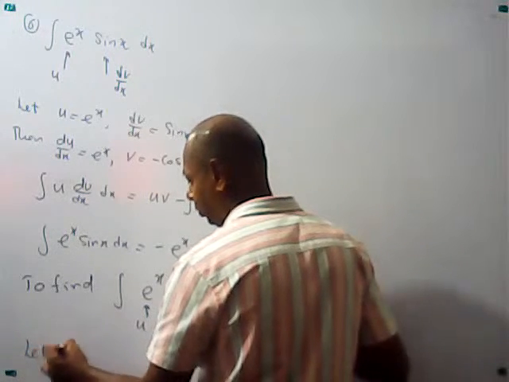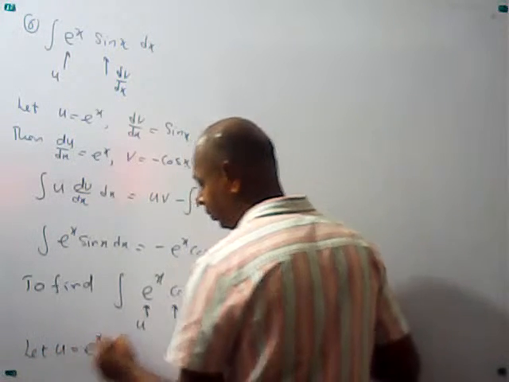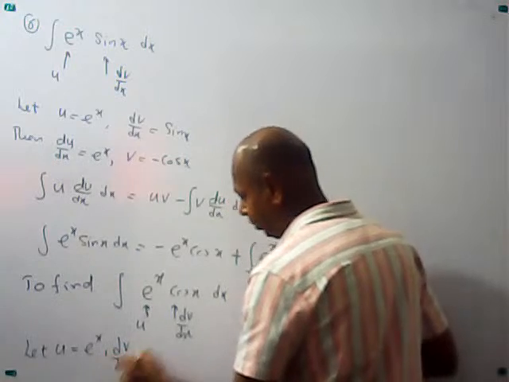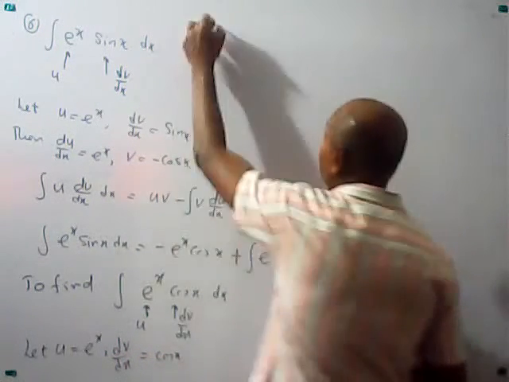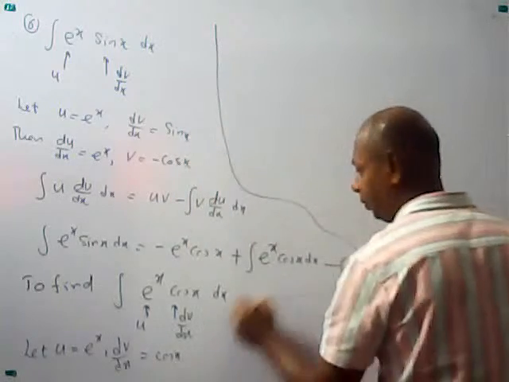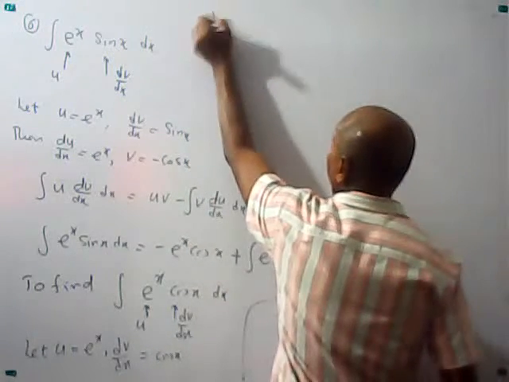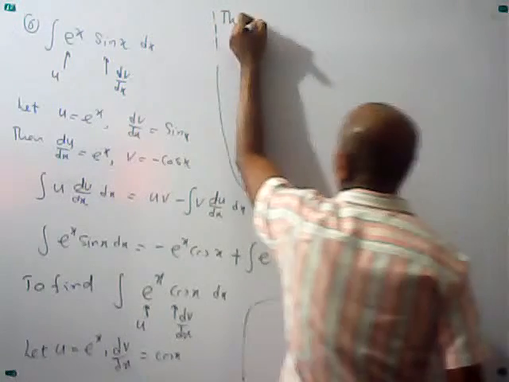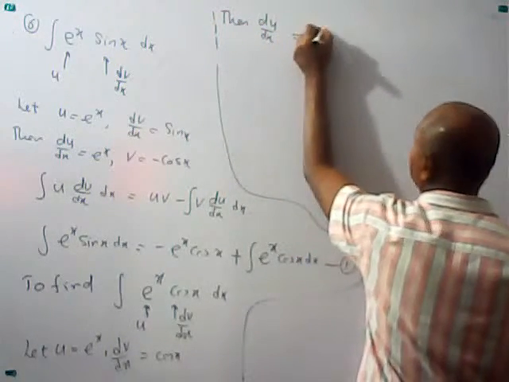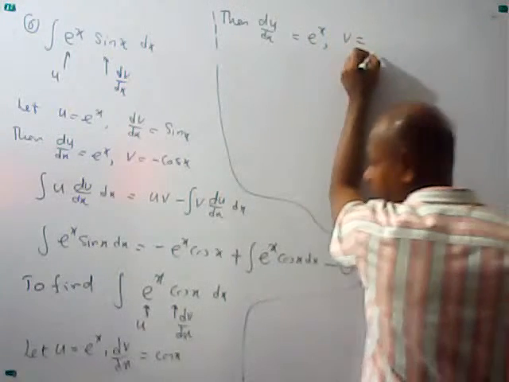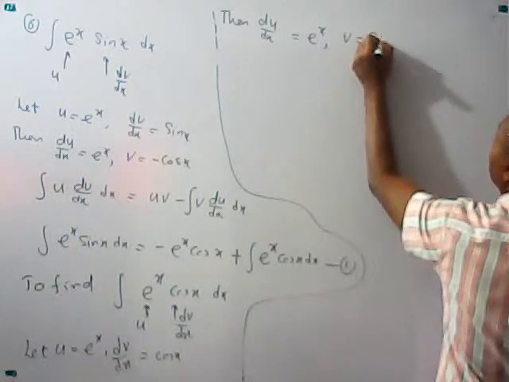Let u be equal to e^x, dv/dx be equal to cos x. Then du/dx will be equal to e^x, v will be equal to sin x.